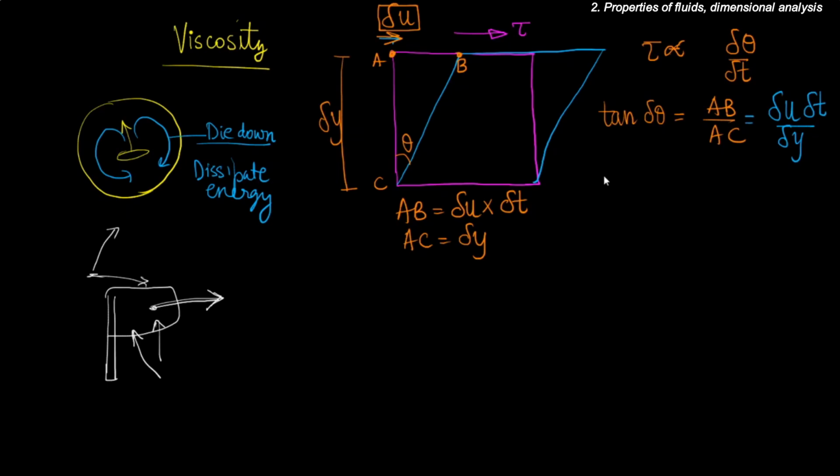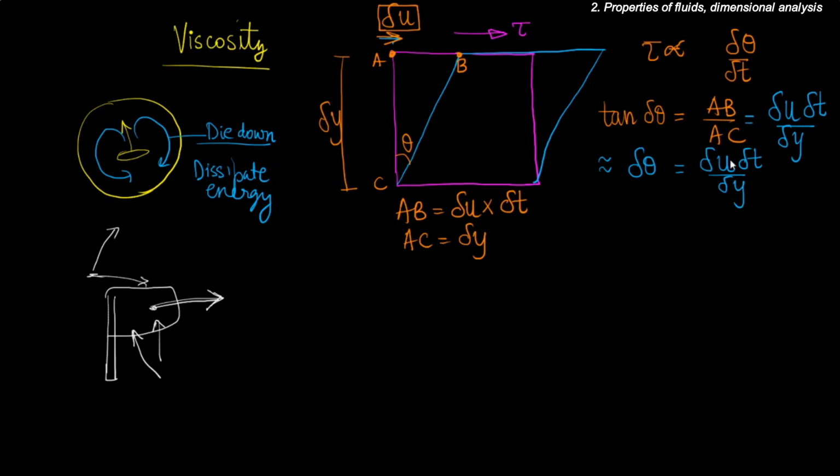Now if we consider infinitesimal deformations of a fluid element, that is, instantaneously what is the tendency of the fluid element to deform because of the velocity gradient, we can write tan delta theta equal to delta theta, because for small angles delta theta is approximately equal to tan delta theta.